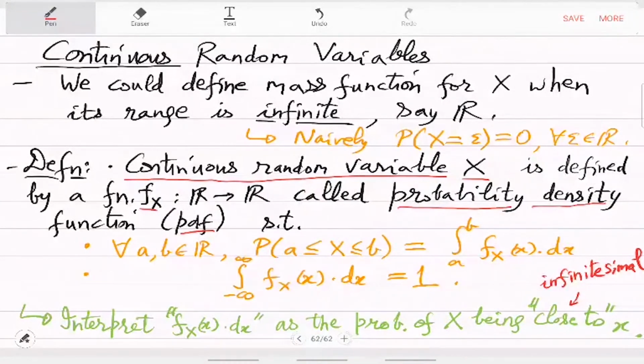It is not that you can make sense of big X taking one value, but if you look at a small interval around this value small x, okay, and small in the sense of infinitesimal, that is very, very small. In the limiting case, it is just x, but formally it is vicinity of x. So, big X taking a value in that neighborhood or in that vicinity is given by f of small x times the vicinity size, neighborhood size.